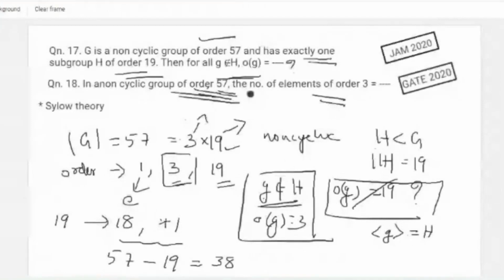Question 18 was: what is the number of elements of order 3? That is 38. Okay. So of the 57 elements, 18 have order 19, one identity has order 1, and the remaining 38 elements have order 3. These two questions were asked in two important exams in 2020.